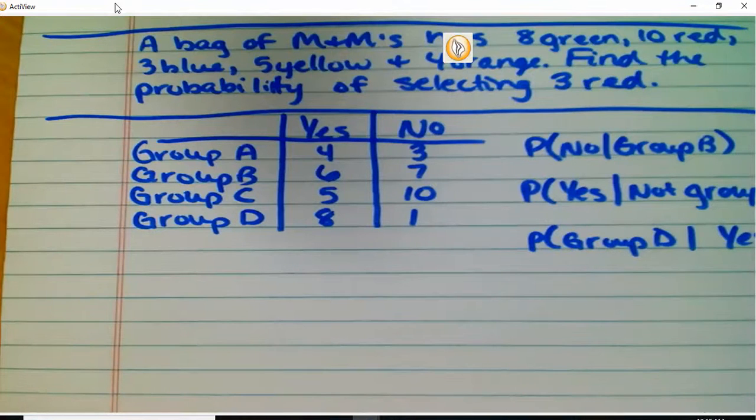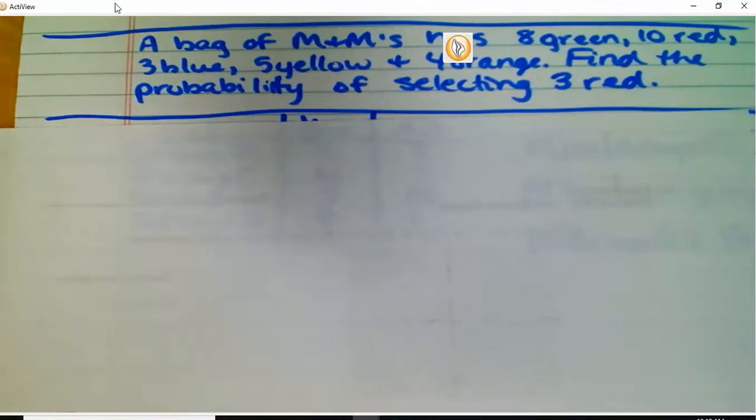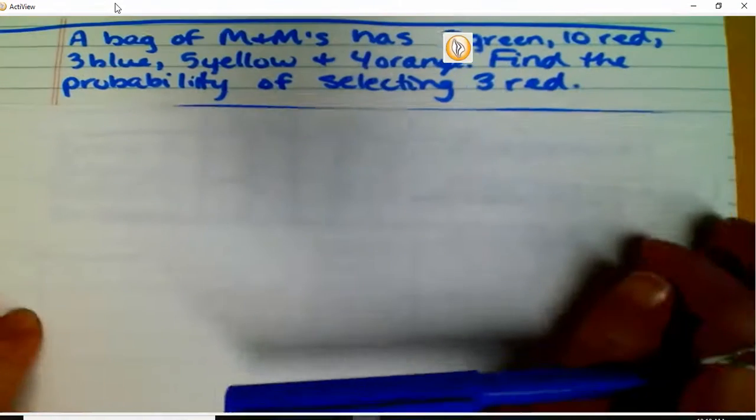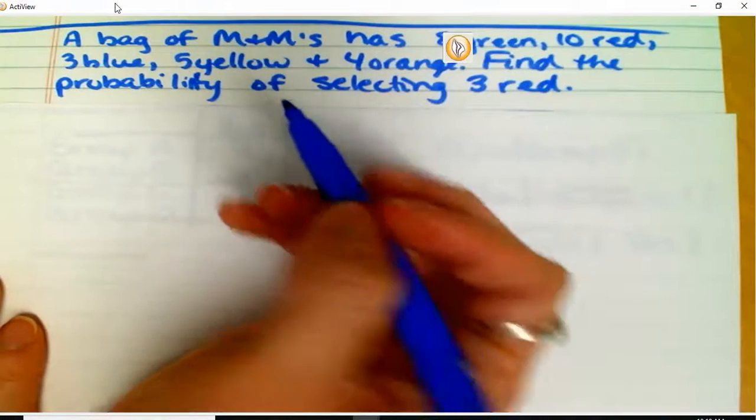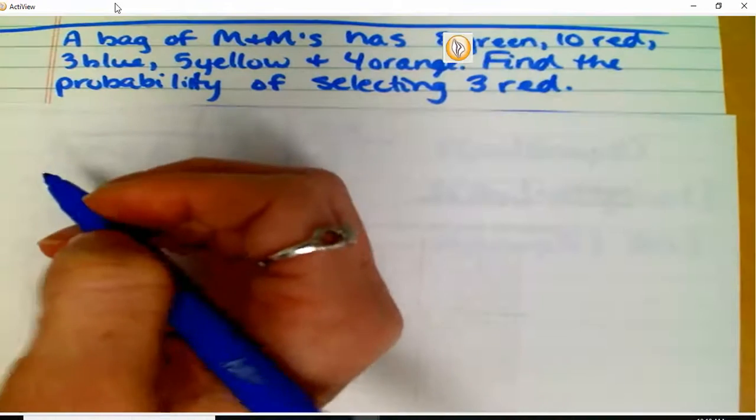Alright, the next one, we had one on our study guide like this. You were selecting things, pulling things out of a bag. So here we have a bag of M&Ms. How many total M&Ms are there? 30. Oh, wow, I even picked numbers that add up nice.